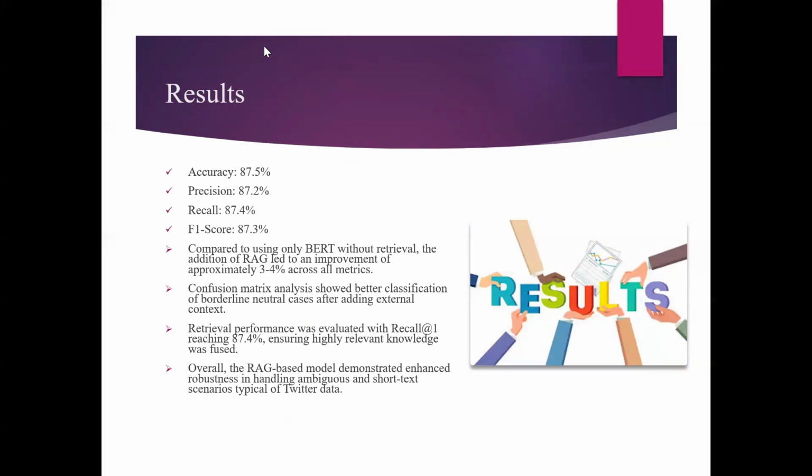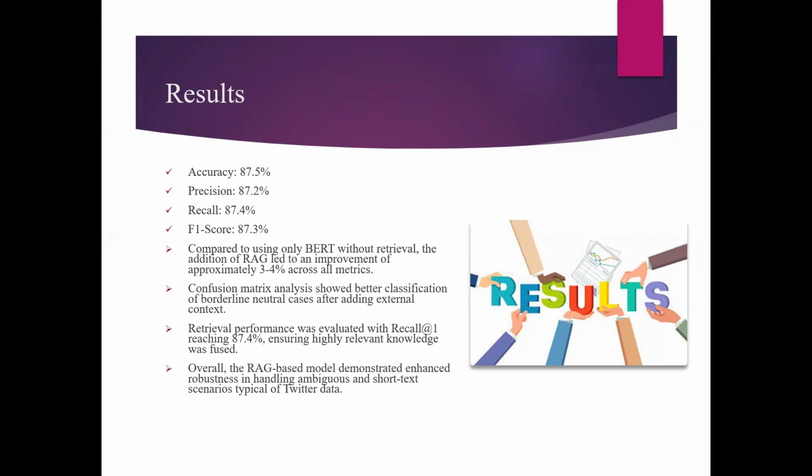So the results: for accuracy, we can see that the model correctly predicted about 87.5% of the tweet sentiment. Precision, the model predicted the correct sentiment 87.2% of the time. Recall, it identified 87.4% of all actual sentiments.